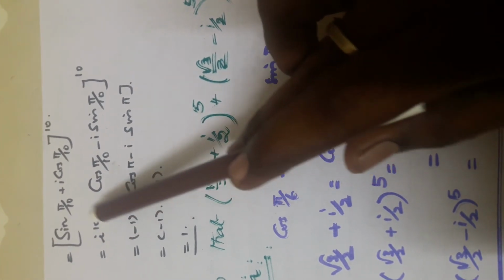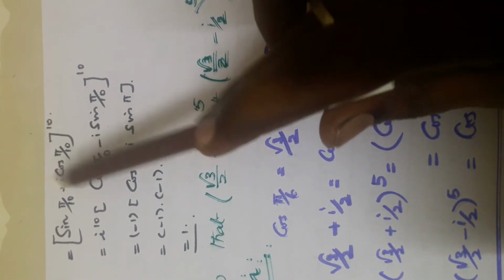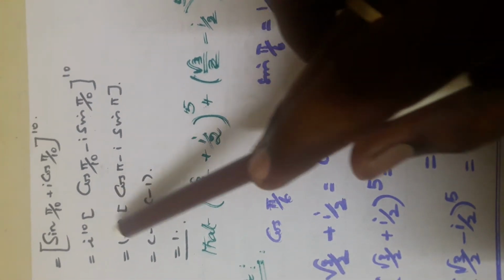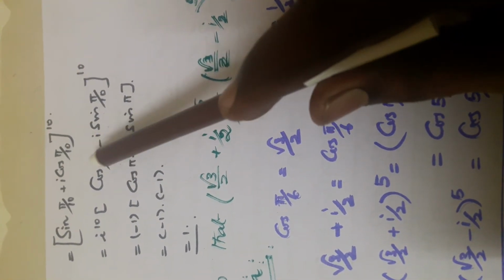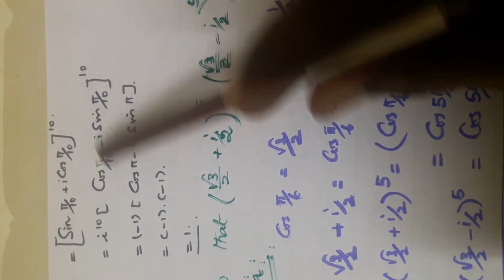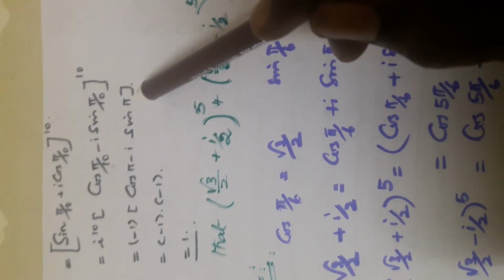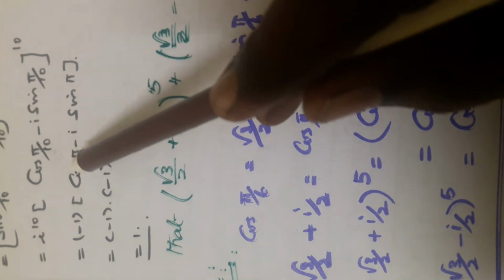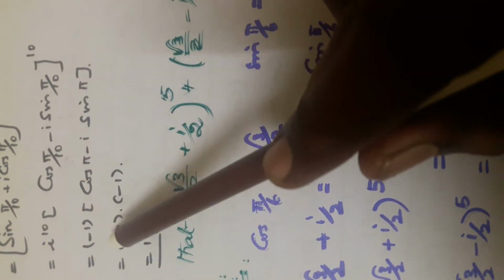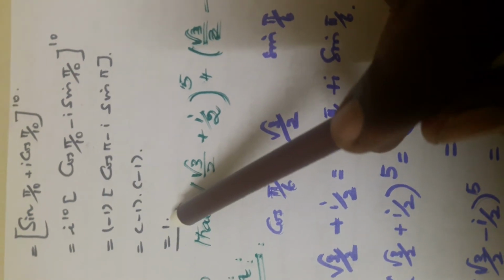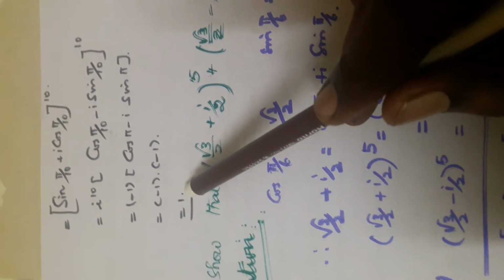When you are multiplying this i power 10 inside, you will get this function. That's it. So i power 10 value is minus 1, and this 10 we are taking inside, applying De Moivre's theorem, cos π minus i sin π. Cos π value minus 1, sin π value 0. So minus 1 into minus 1, you will get plus 1. Okay. So that is our answer, we completed.